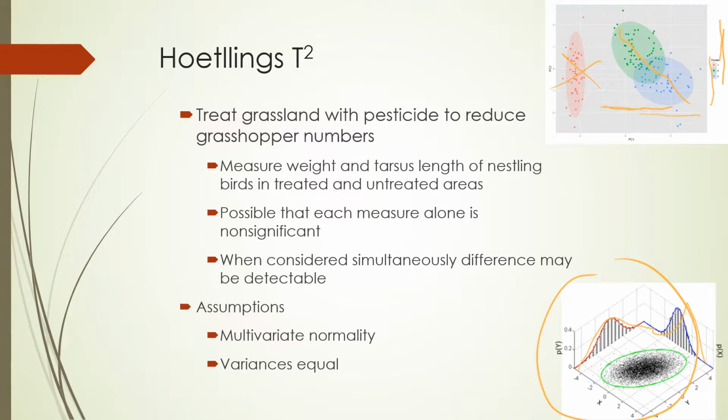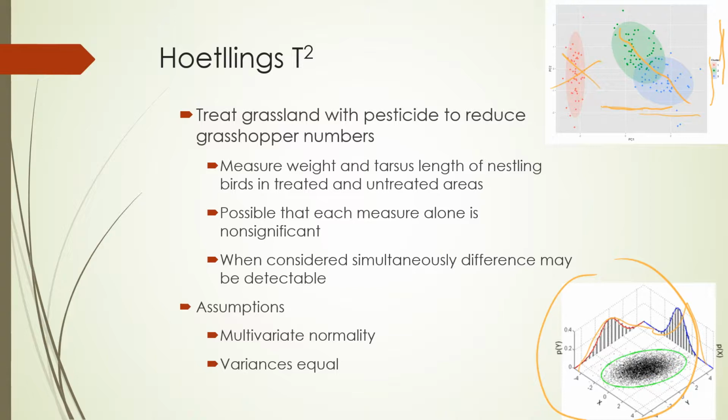So an example where this might be used in a study I was a part of is we treated grassland areas with pesticide to reduce grasshopper numbers and then measured the weight, tarsus length, and other things of birds in treated and untreated areas. What you might find is that when you look at any one of those variables alone, you don't see a difference, but when you consider them together, you may see a difference.